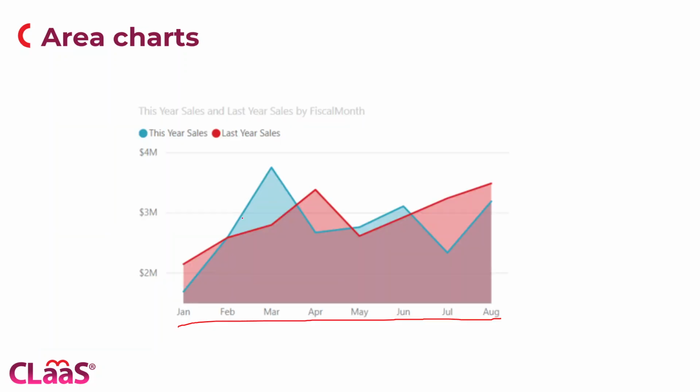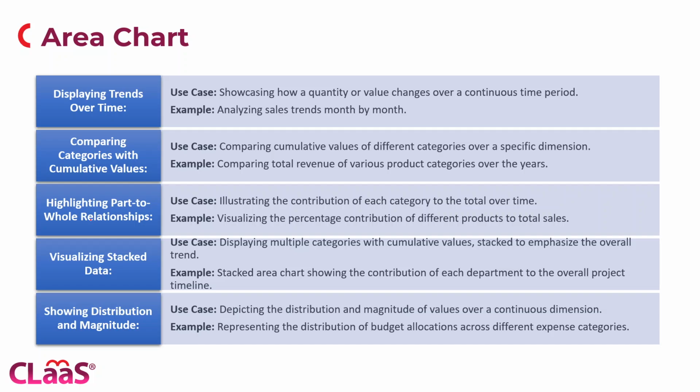Cumulative is the biggest one, then after that the category. This one is a total. This year's sales, and this is last year's sales, at the same month you compare with this. Highlight the part-to-whole relationship, visualizing stacked data, showing distribution and magnitude.